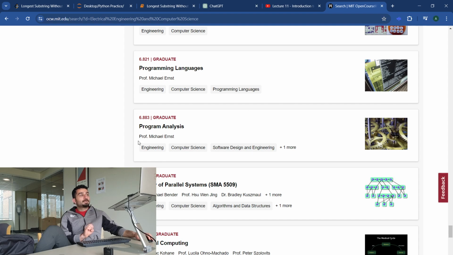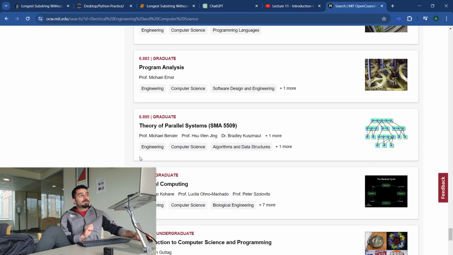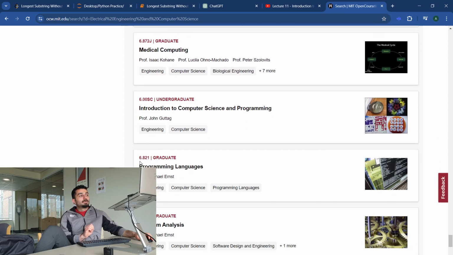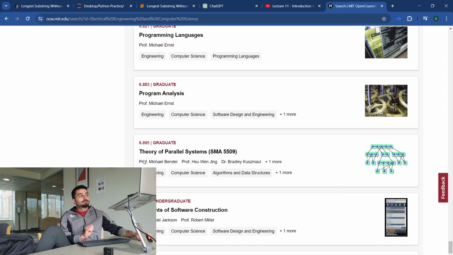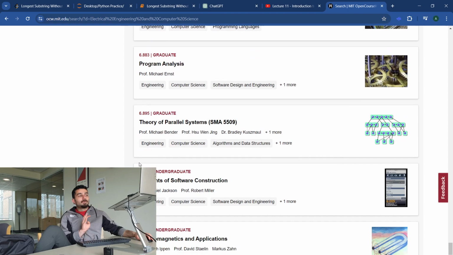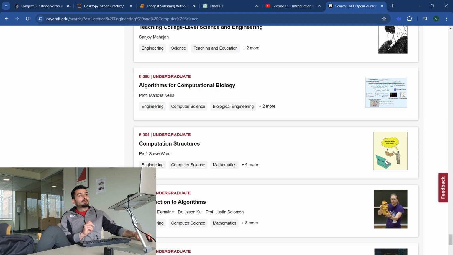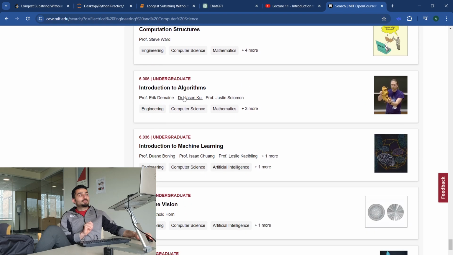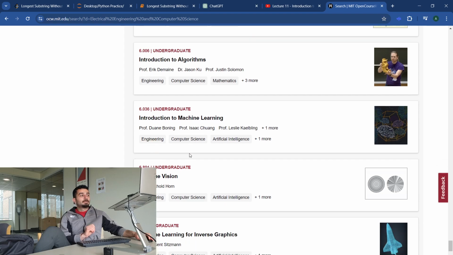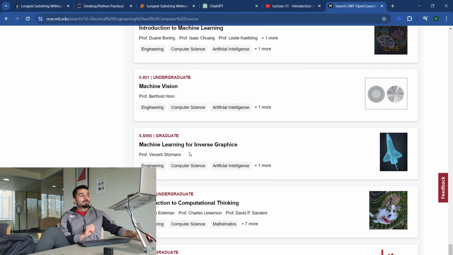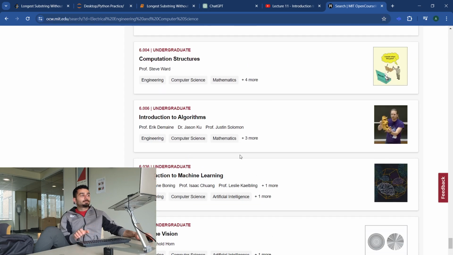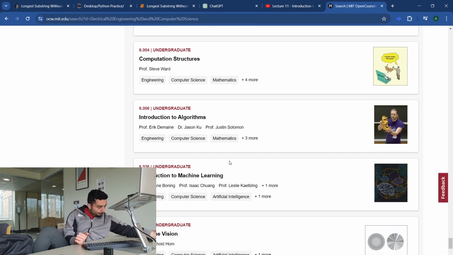Programming languages may be something good I want to learn. I want to see if they have a machine learning course. Introduction to Algorithms, that's a good course. I want to learn this one. Introduction to Machine Learning. These two are good. Let me add them here.